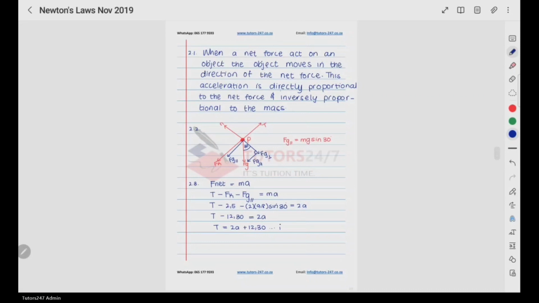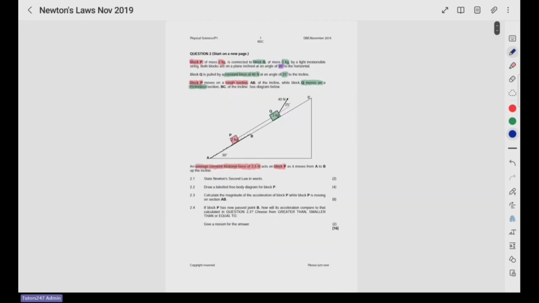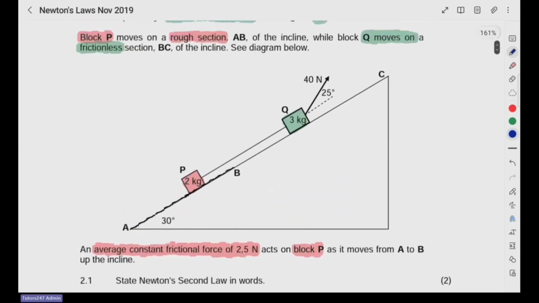I'm thinking we break down the components for block Q. Yes. And if we look at block Q, what forces do we have acting on block Q? We have tension, applied force, gravitational force, and applied. Yes. One more.